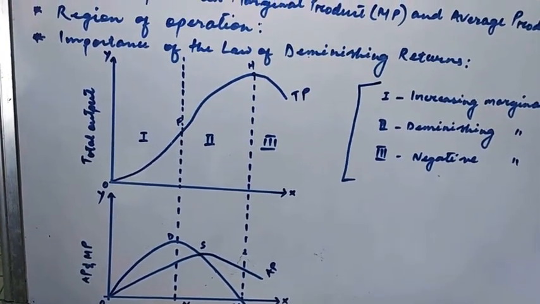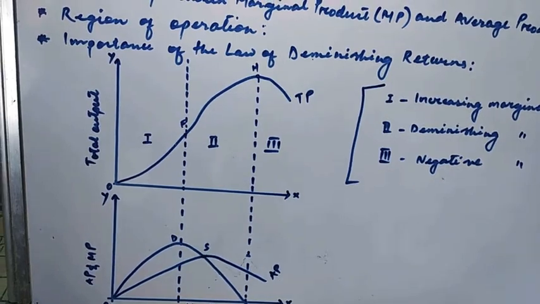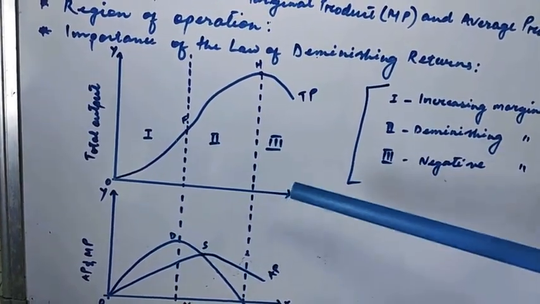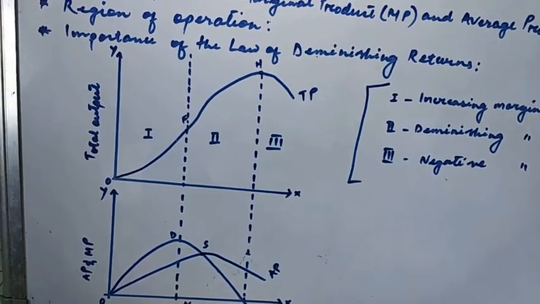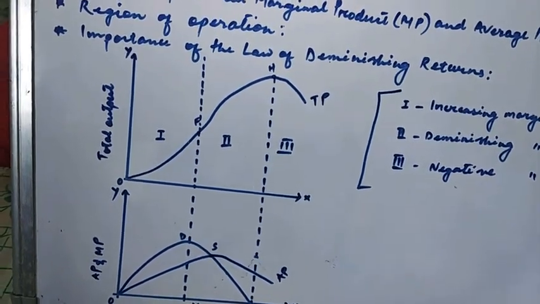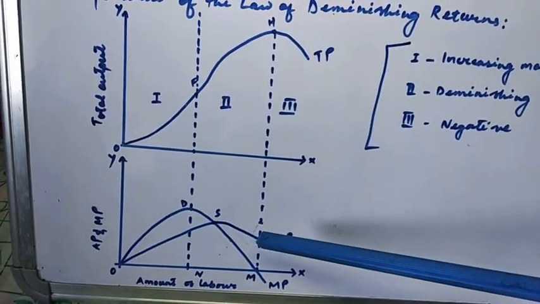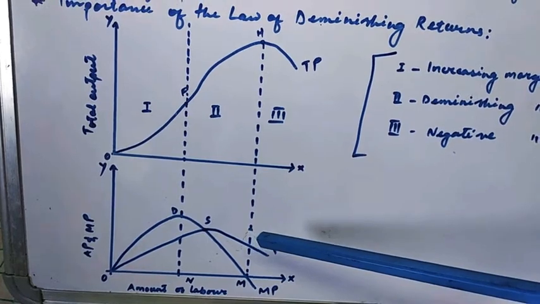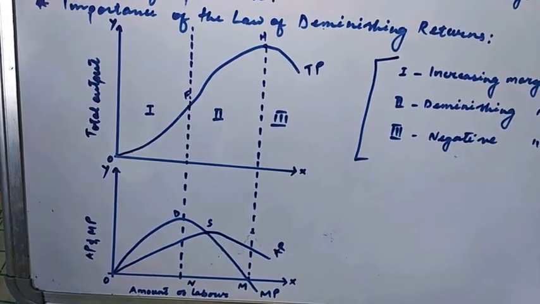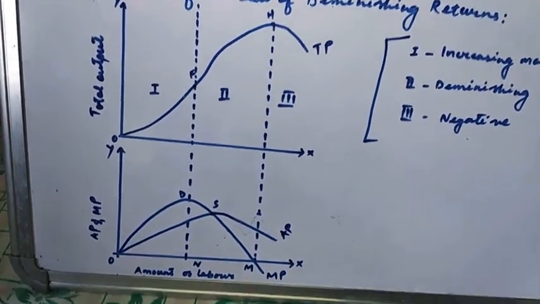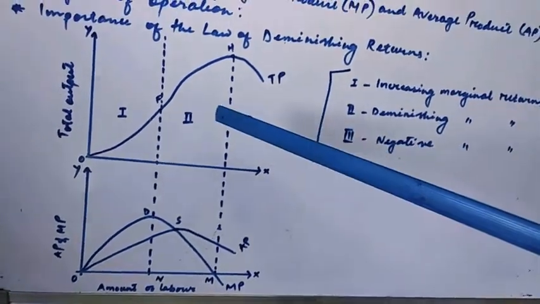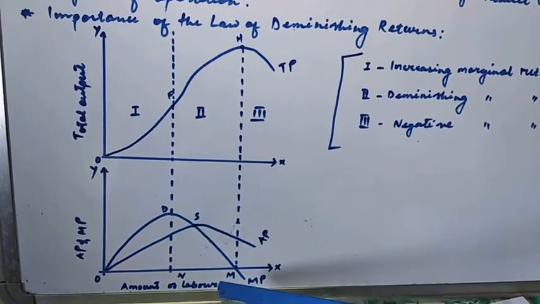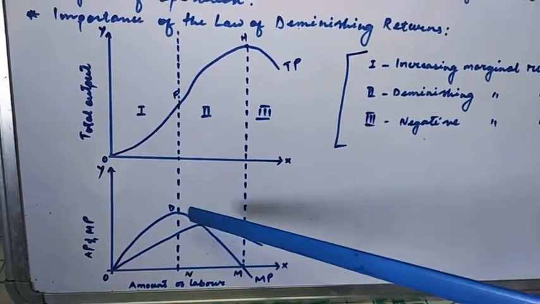So in this region 2, whether a producer will decide to produce will also depend on the wage rate of labor and the price of the product. Therefore, stage 2 is often called the economic region, and stage 1 and stage 3 are known as the non-economic region. So it is in stage 2 that a rational producer will produce his product, where we have the diminishing marginal product.